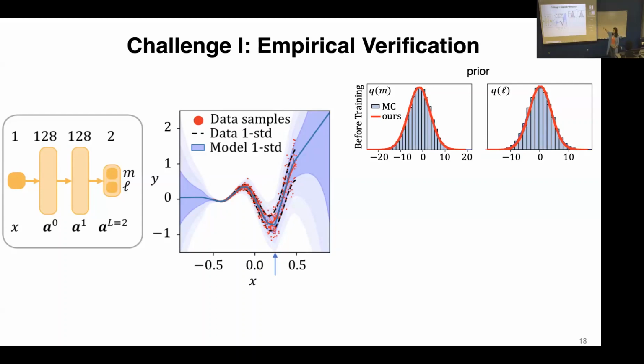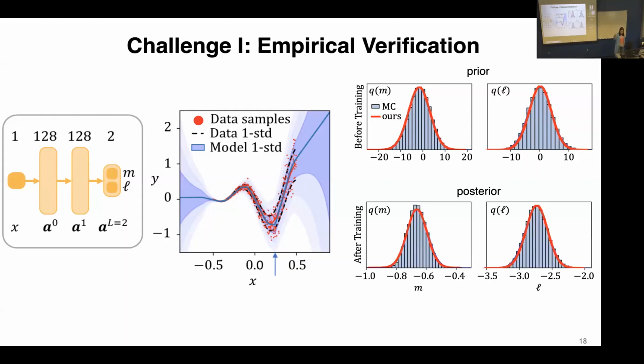We can see the red curve, which is our deterministic function, approximates the histogram from the MC pretty well. And after the training, the approximation is also pretty good. So at any stage of the training, the deterministic approximation can well approximate the histogram from the MC sample, which means you can basically use this method to do optimization.